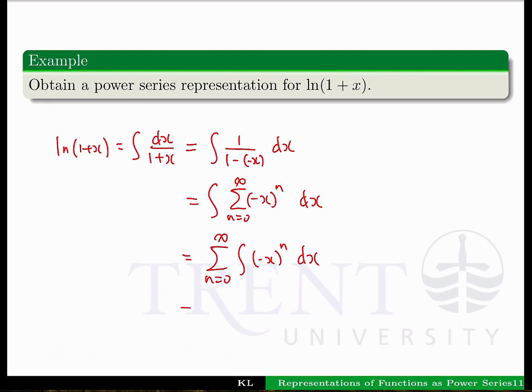Or we can rewrite this as the sum from 0 to plus infinity of negative 1 to the n times the integral of x to the n dx. So we brought out that negative there.